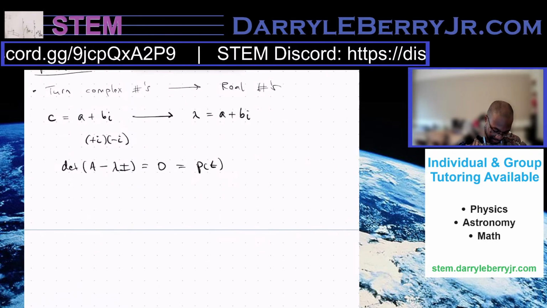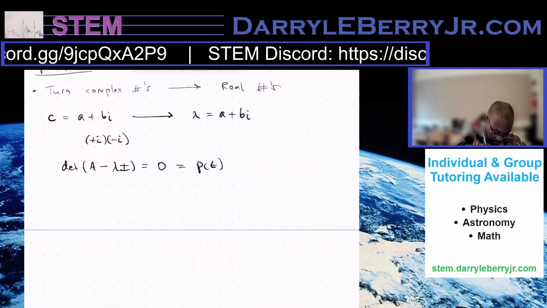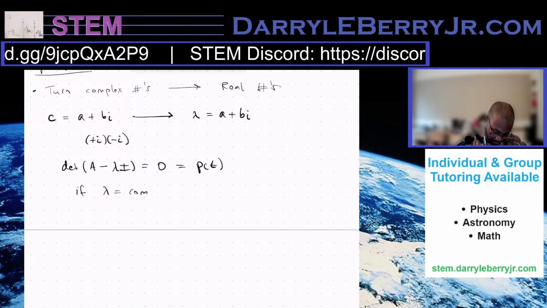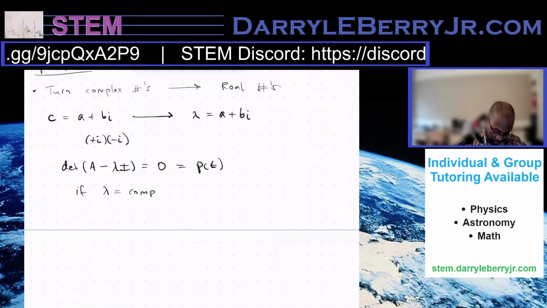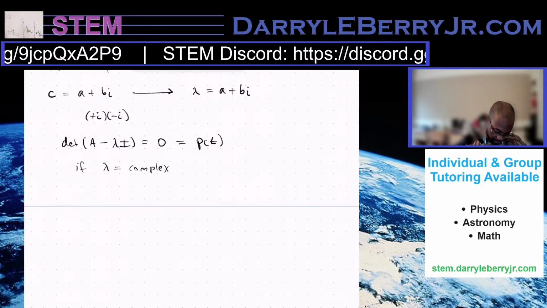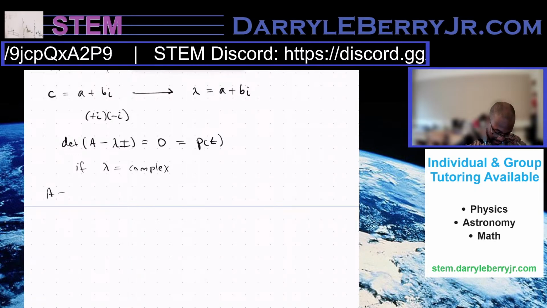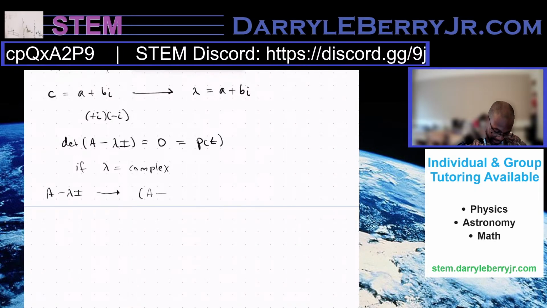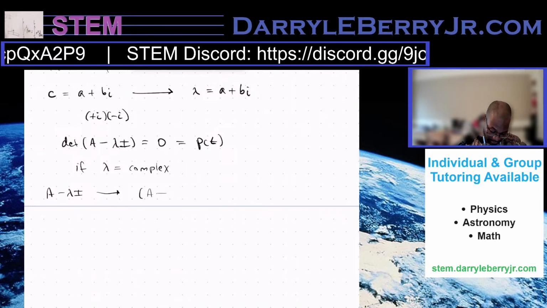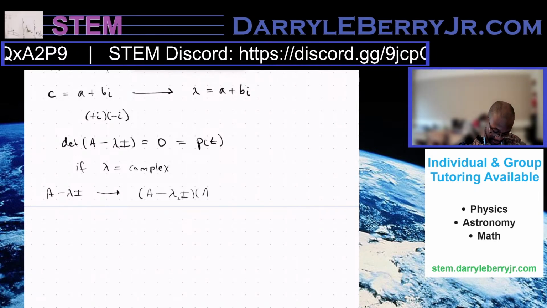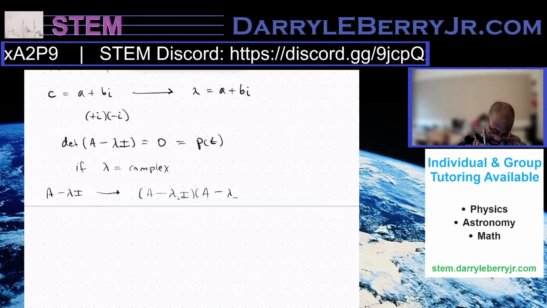So if lambda is complex, then we take A minus lambda I, and to make it real, we say A minus lambda positive i times A minus lambda negative i.